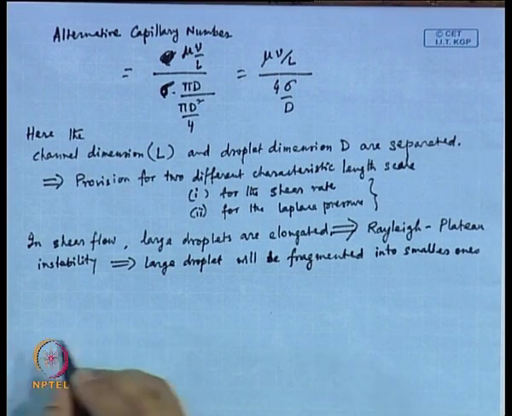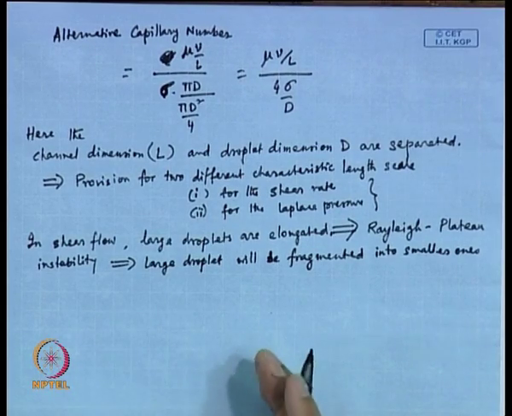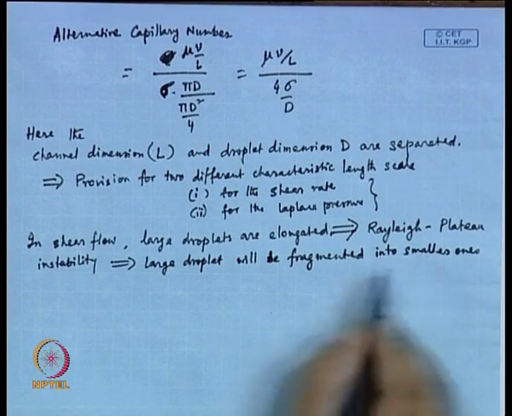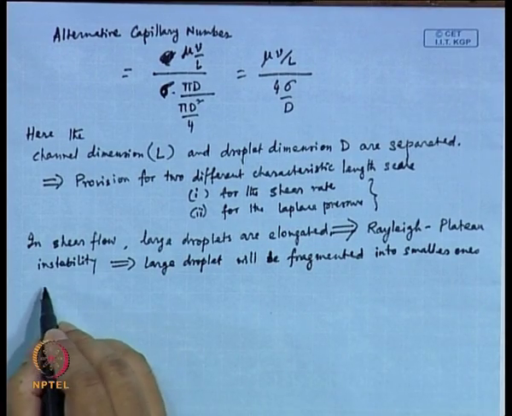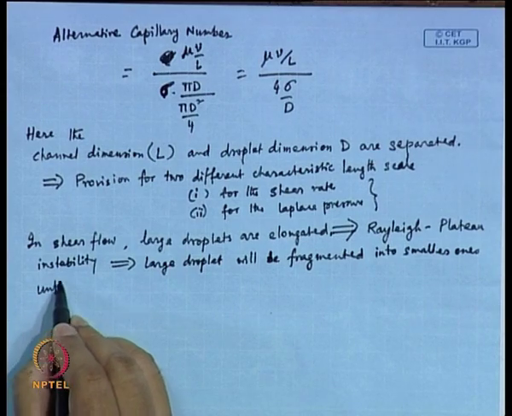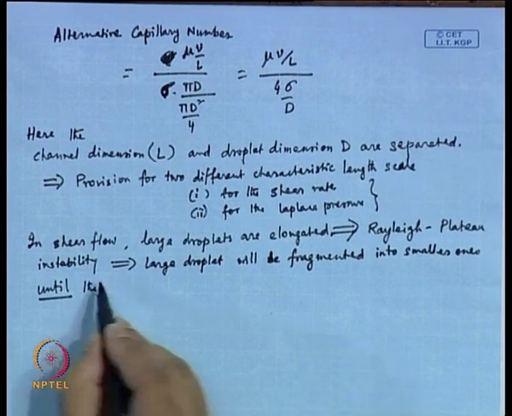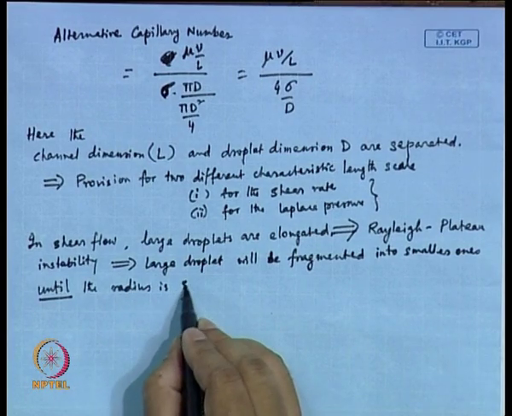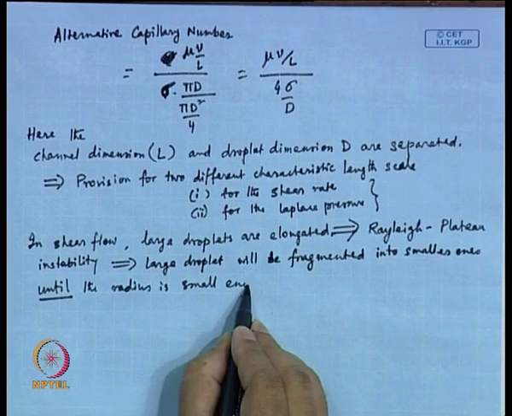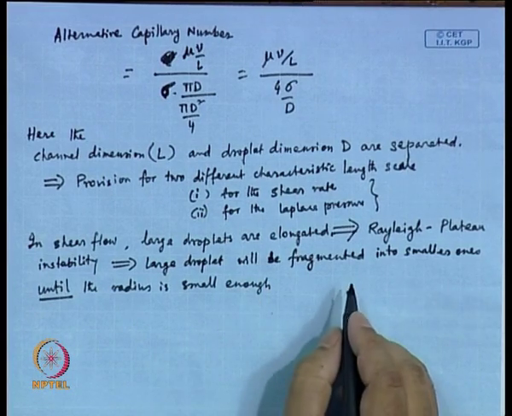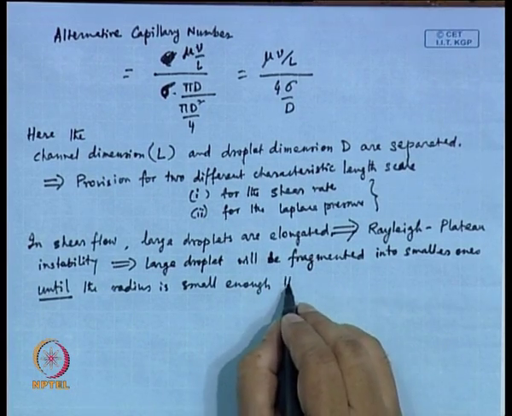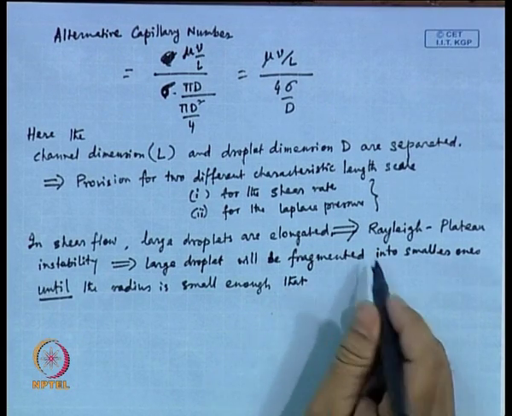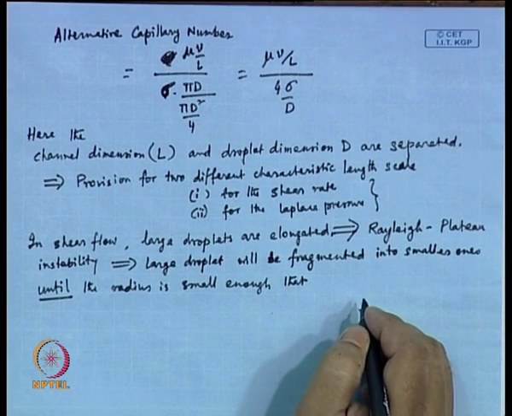Till what time will it be fragmented, and to what length scale? It will be fragmented into smaller ones until, this is important, until the radius is small enough that the curvature with associated Laplace pressure balances the shear stress.